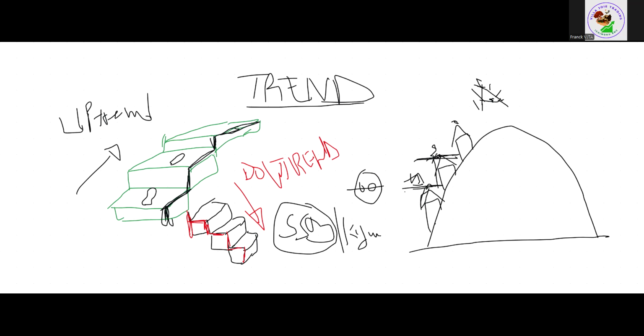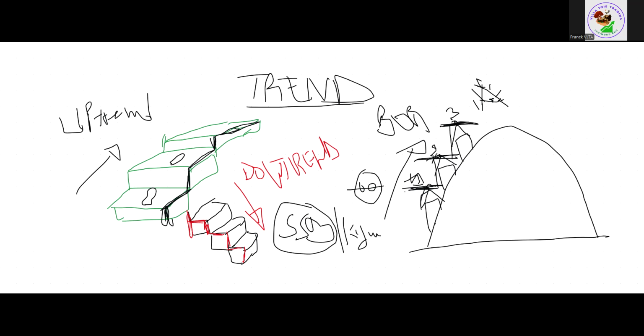And then the third roof has a plateau that is higher than the second one. That's what I call a break of roof, right? Like the second roof breaks the horizontal level of the first one, and the third roof breaks the horizontal level of the second one. That's how we know that this one is an uptrend, because this is a mountain. That's how we know that this one goes to the upside.